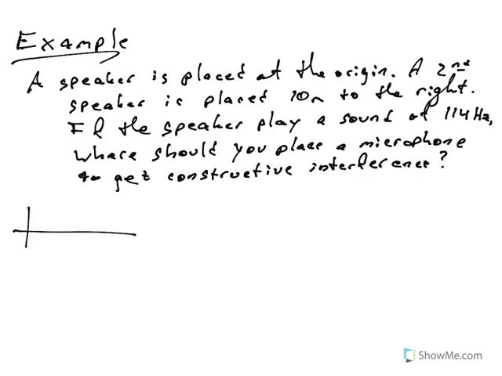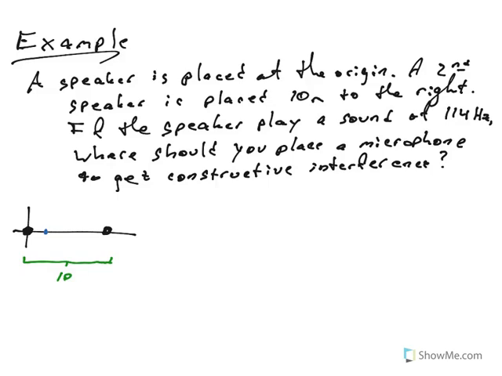So the little drawing looks something like this. Here's one speaker. Here's another speaker. And we're going to say, where should I put the microphone? Let's say I put the microphone right here. Well, what do I know? I know the distance from this speaker to this speaker, that's 10 meters.